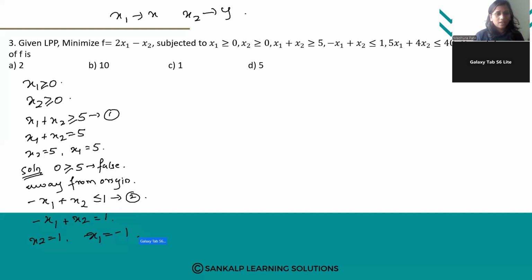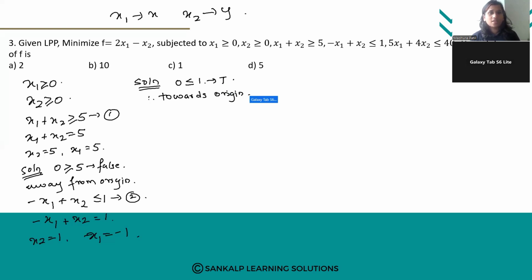So we plot the line for this. For the solution part, we put x1 and x2 both as 0 in the constraint, and we get 0 less than or equal to 1. This is definitely a true statement. Therefore, the solution lies towards the origin for this constraint.